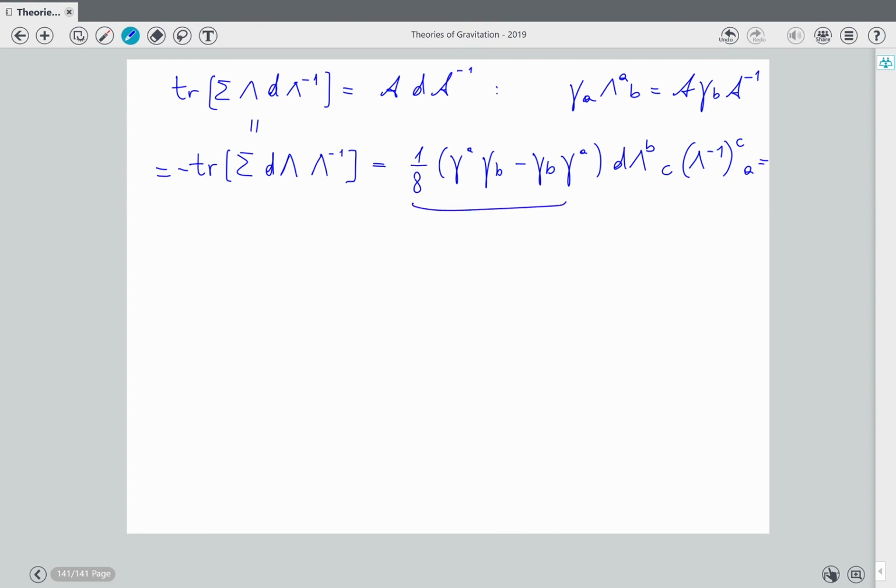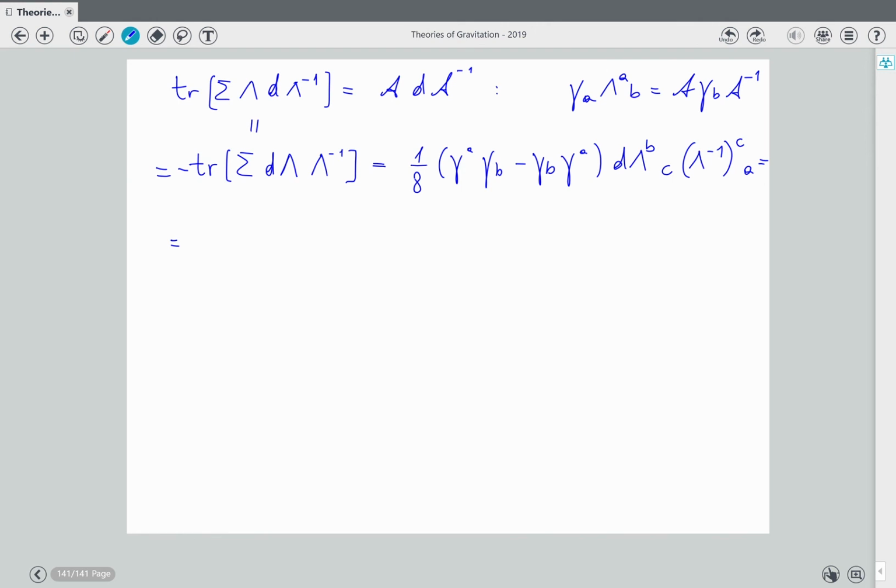So sigma d lambda minus 1, sigma AB d lambda BC lambda minus 1 CA. Now, let me write it in a form that highlights these objects here, or some similar thing with lambda to the minus 1.